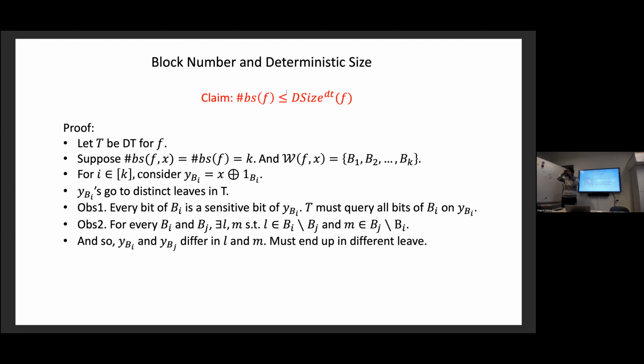So Yj cannot trace the same path because Yj is the same as X on that coordinate. So they will diverge at that point, and they will end up going to different leaves. And that's the proof, because what we have constructed is block-number many inputs, and each of them is going to distinct leaves. So the size is at least the block number.